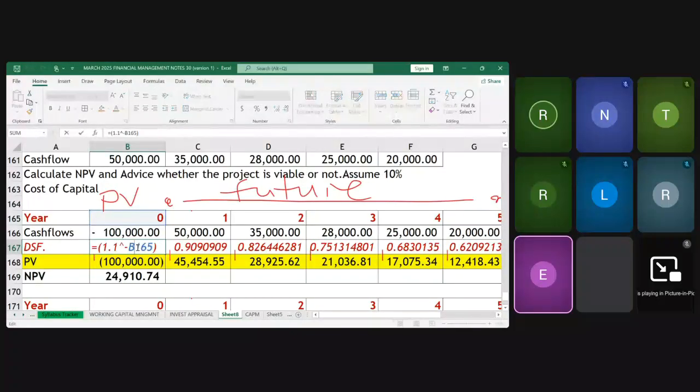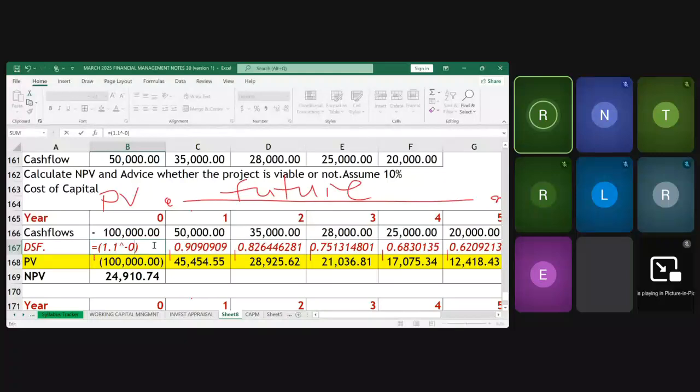Right, when you say 1.1 to the power minus 0, it goes back to 1. So if you are going to year 1, the reason is I don't want you to type manually 0 like this. Can you see? If you type manually 0, when you drag year 1, you need to put 1.